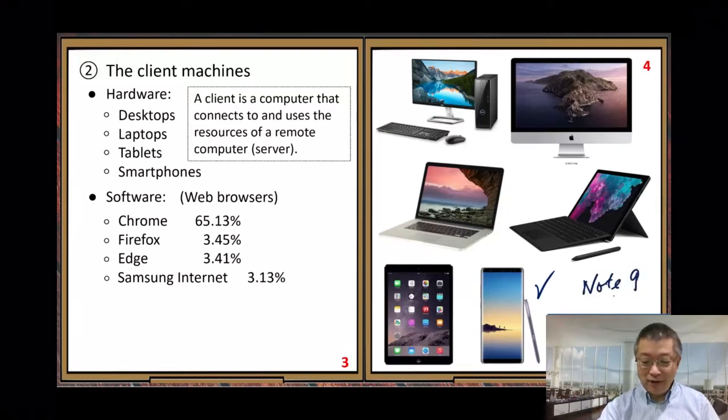I have that Samsung Internet app on my phone. I never use it. I don't want to use it. But here you can see 3 point something percentage. Pretty high. Relatively high.